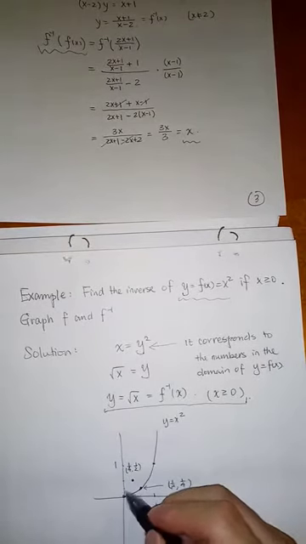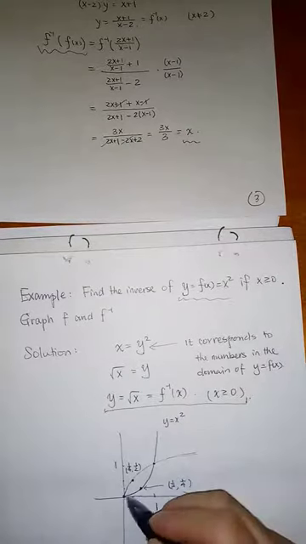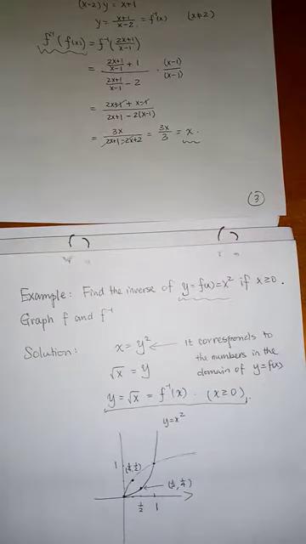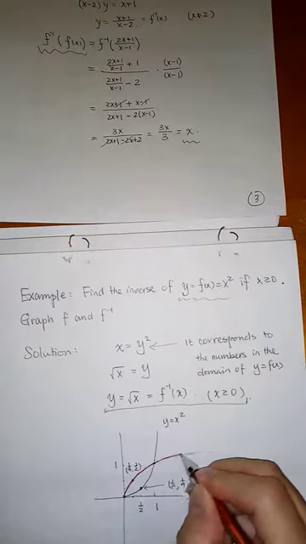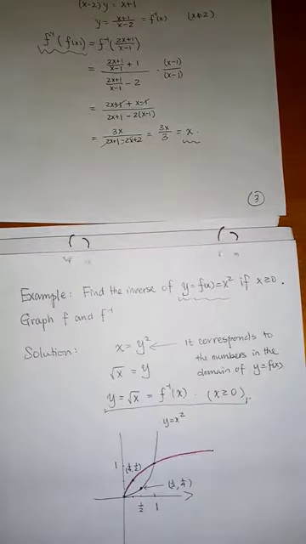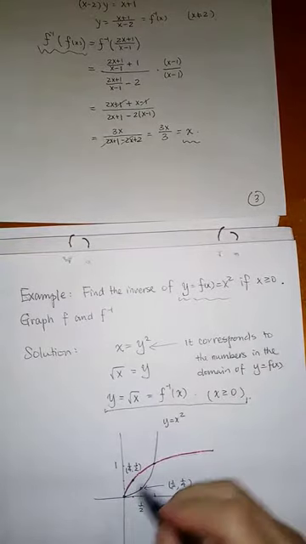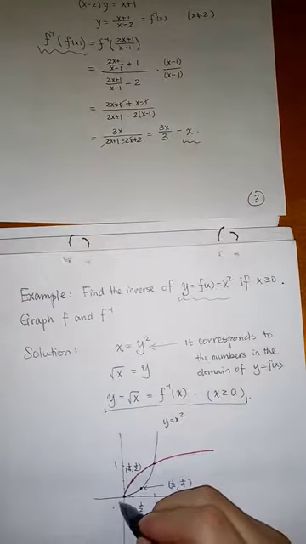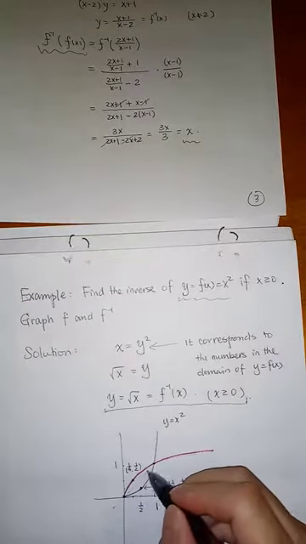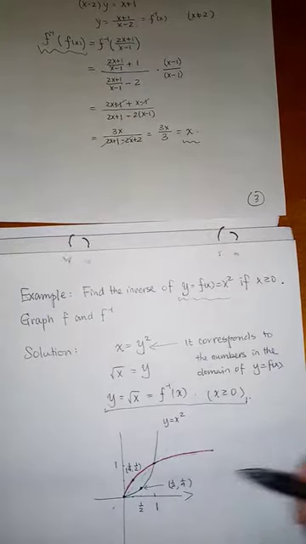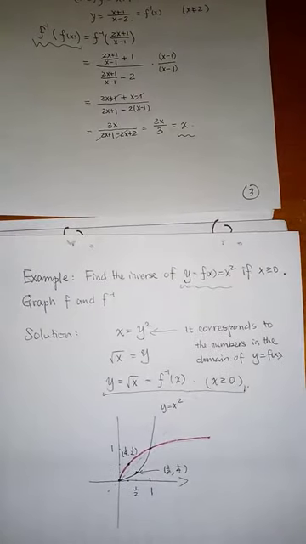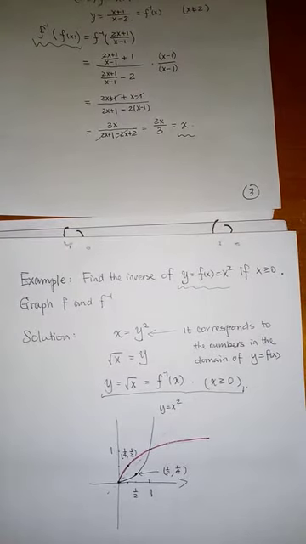So it's like this. And (0, 0) and (1, 1) determine the line y equal to x. So again, the two graphs are symmetric with respect to the line y equal to x. This is always correct.